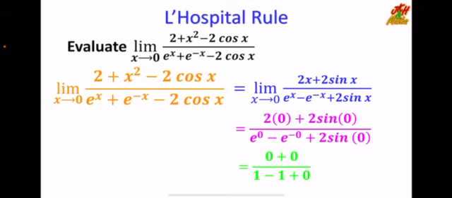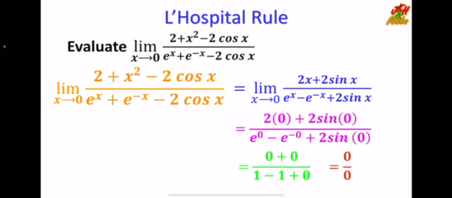Since we know that sine 0 is equal to 0, the numerator is equal to 0 plus 0 and the denominator is 1 minus 1 plus 0. Again, the answer is 0 over 0, which is indeterminate.